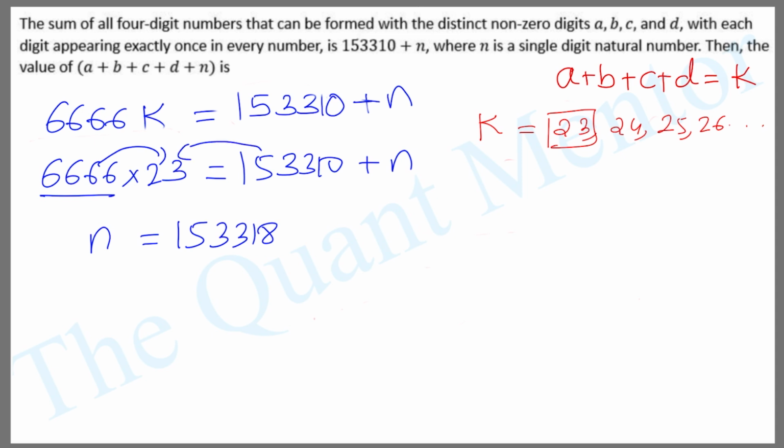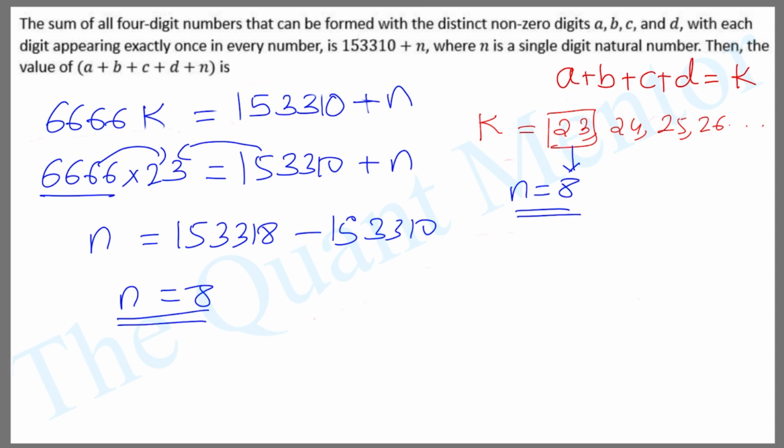I'll subtract 153310 from 153318, and I will get the difference as 8. So correspondingly, n will be equal to 8. So when k is 23, n is equal to 8. So I'll write here beneath: k is equal to 23, n value is equal to 8.